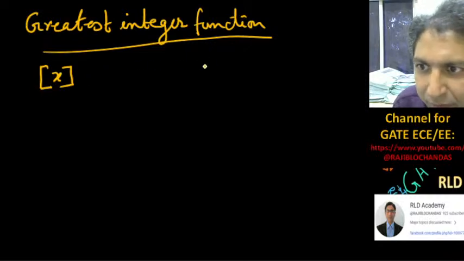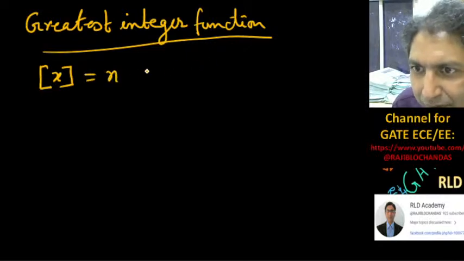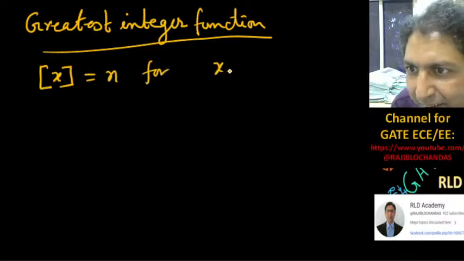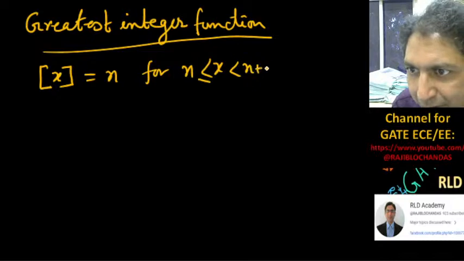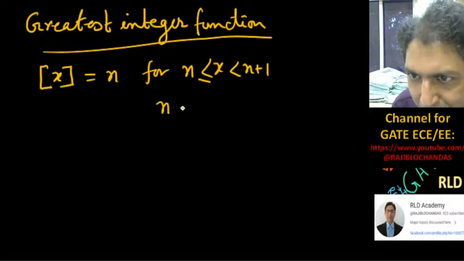So this is equal to n for x, if n is less than or equal to x and less than n plus 1, where n is an integer.